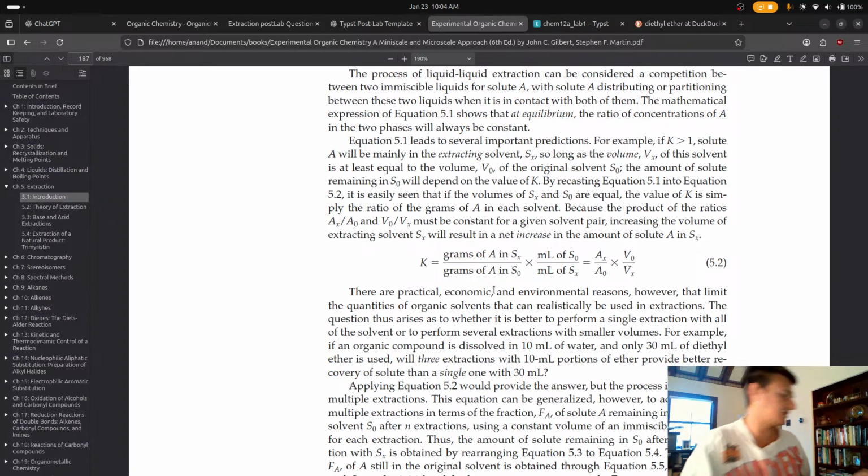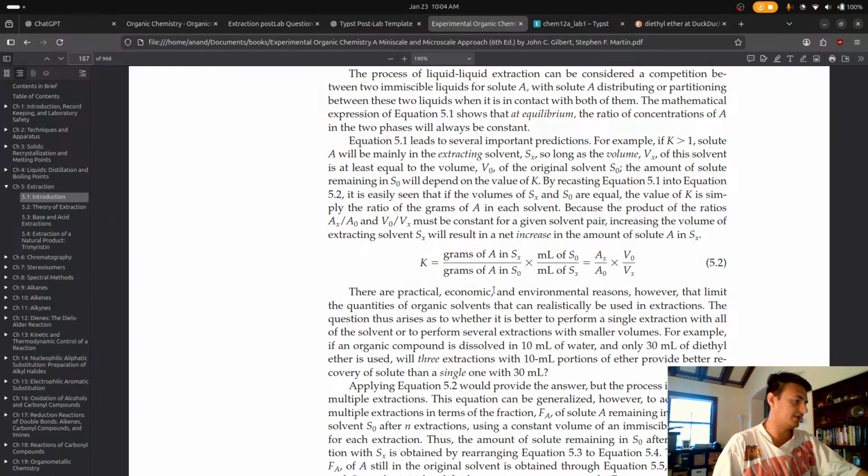Okay, yeah, but that's actually a good point. Now what we're going to have is Y grams in So, and it's still going to be 10 milliliters of ether. And so we can do a second extraction.